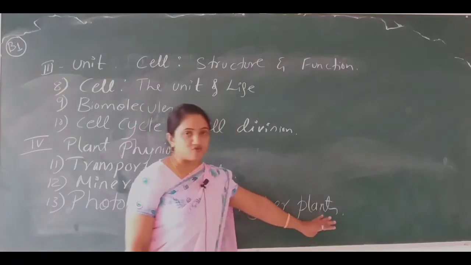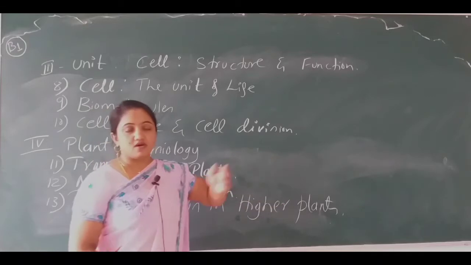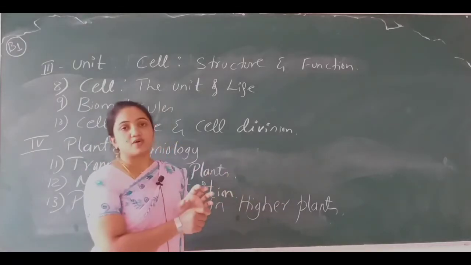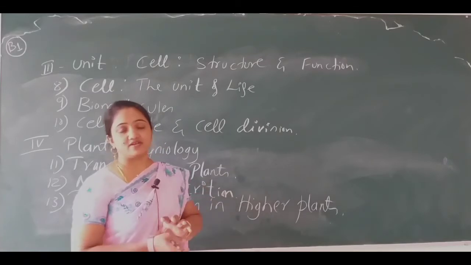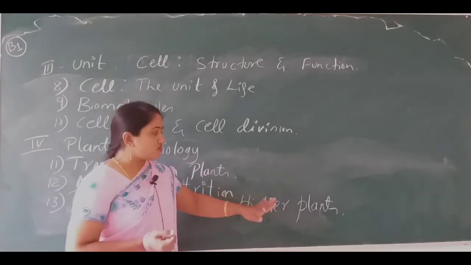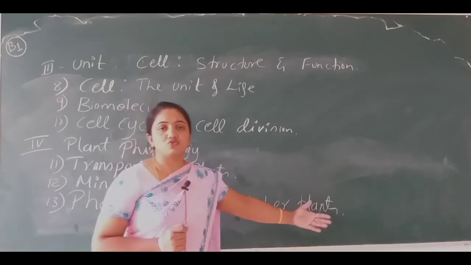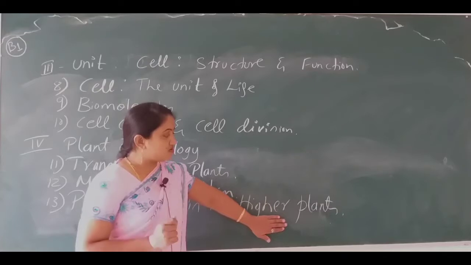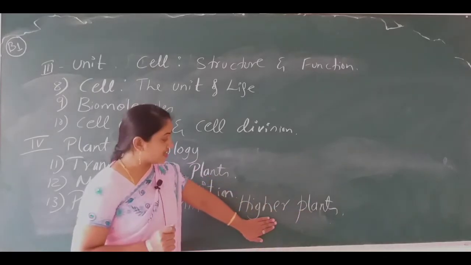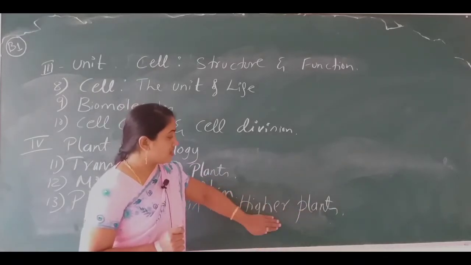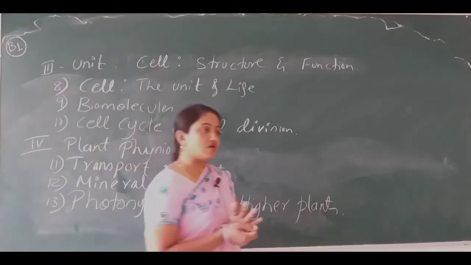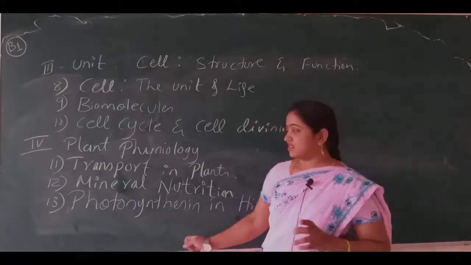In those types of plants, we cannot literally say algae is also a plant, though it comes under the plant kingdom. We are not learning about those microorganisms. Instead, we are directly moving on to the higher plant, how photosynthesis is going to occur in this type of plant.